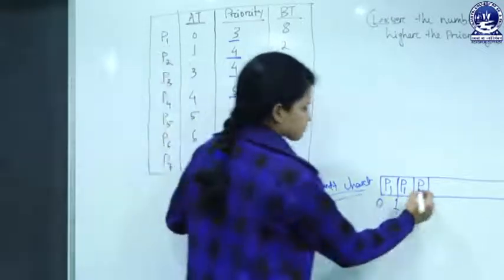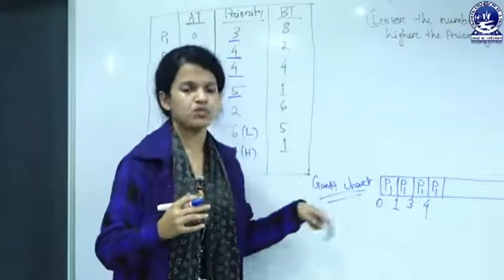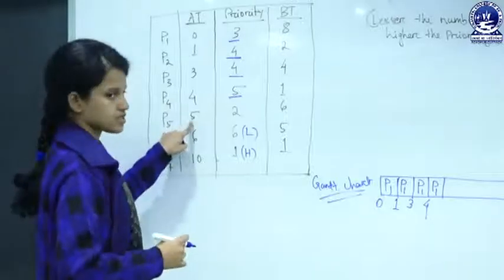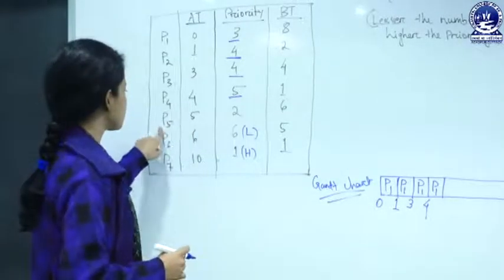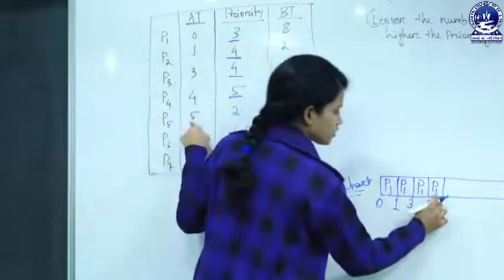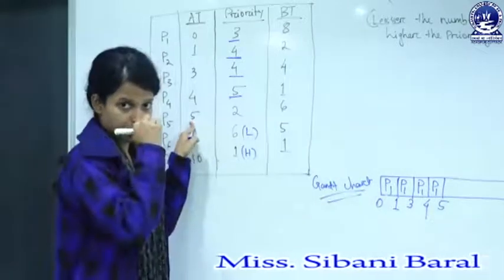Again, the CPU would be allocated to P1 till the next process comes. The next process is P5, which has come at 5. So P1 will execute for 1 millisecond till 5.